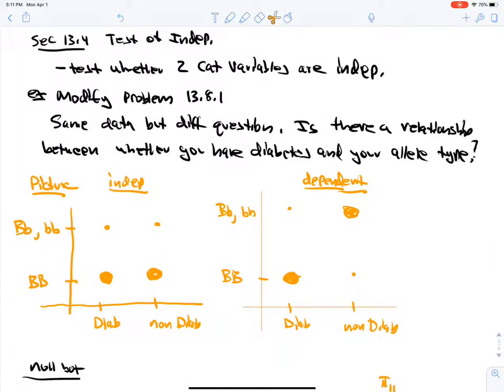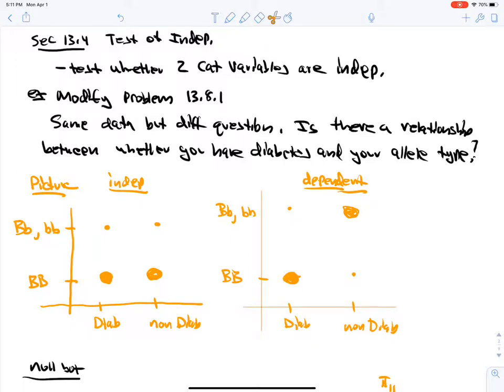So basically we have two categorical variables now, diabetes and allele type, and we ask ourselves, if we take a draw from our box, we're going to have one of four possibilities checked off.